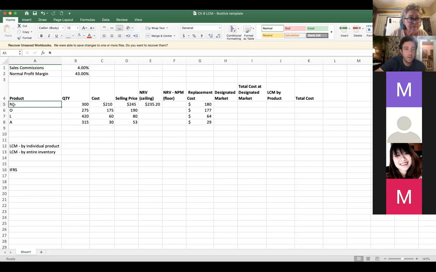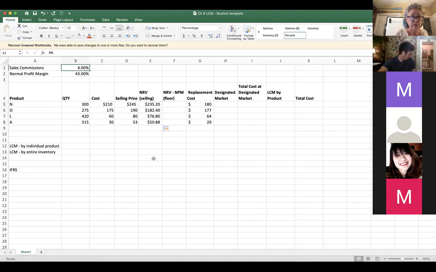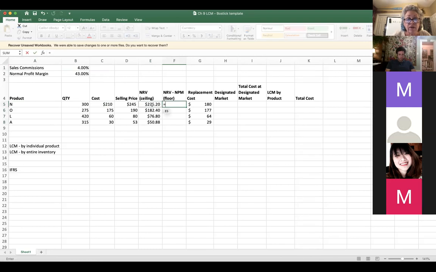It's all right. So then I can just copy this down because Nelson reminded me to ground my B1, where I've got the 4%. We've calculated NRV for each of the 4 products. Now I need to calculate my floor, which is my NRV minus my normal profit margin.